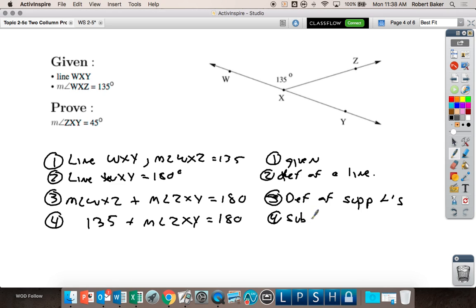And then you would subtract. So the measure of angle ZXY is equal to 45 degrees. Subtraction property.